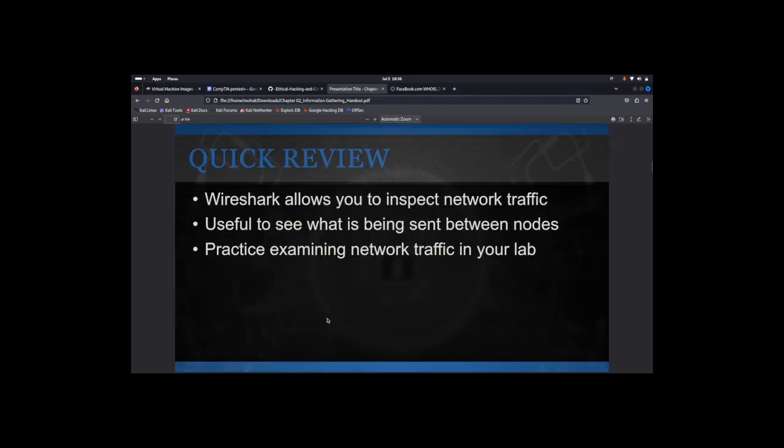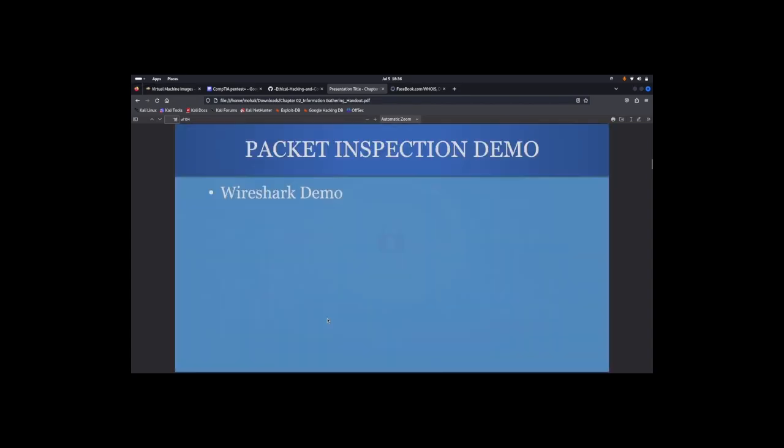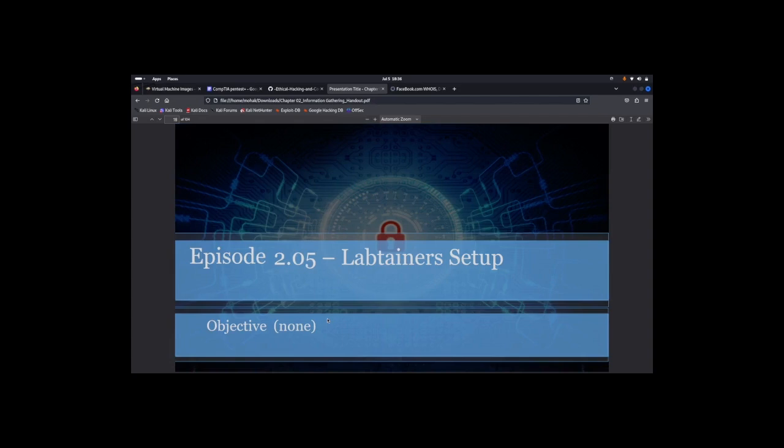I can give you a Wireshark demo, but I want to show that in the lab trainers setup, and it's not setting up because of a particular error that I am having in the VirtualBox system.